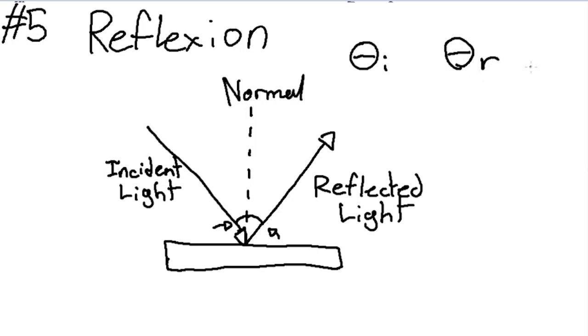So yeah, these two angles are the same because it's a smooth object, it's a specular reflection. So of course the two angles are going to be the same. So yeah, I think this is it for reflection.